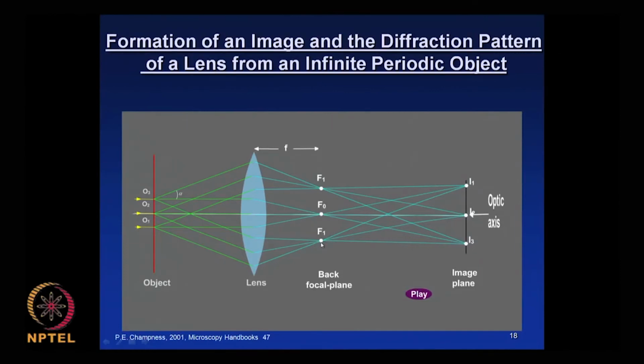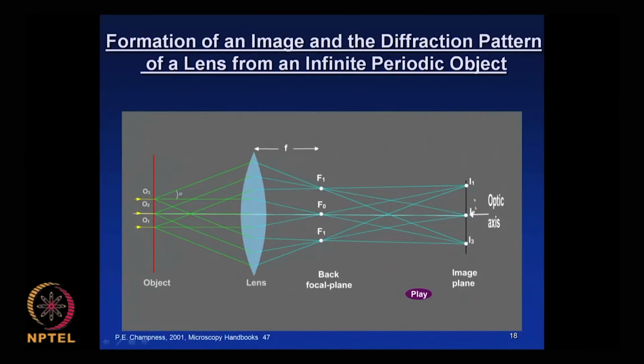So, it means that before the image formation, diffraction takes place, and each diffracted spot carries some information about the image. This is very important. And if you look at this image plane also, you see at least two diffracted beams recombine to form this image.